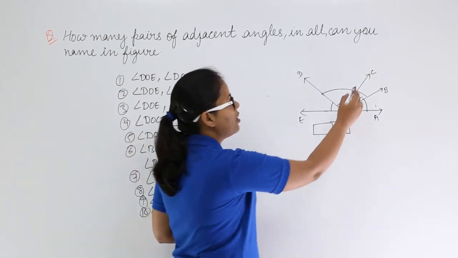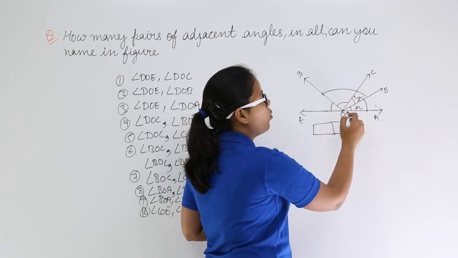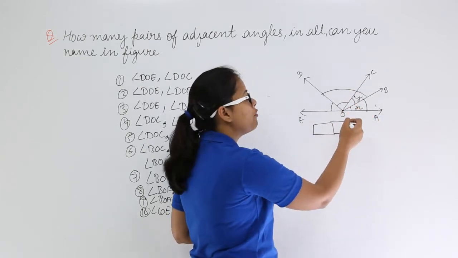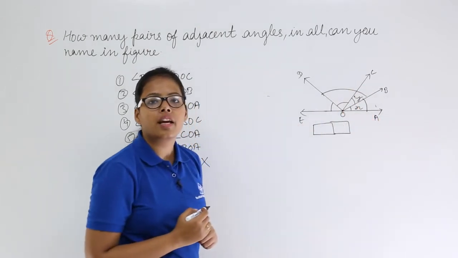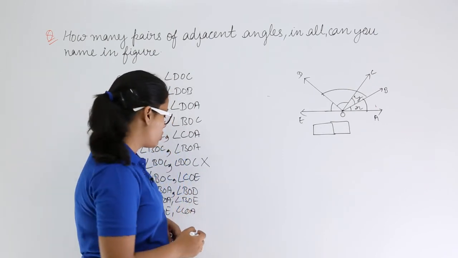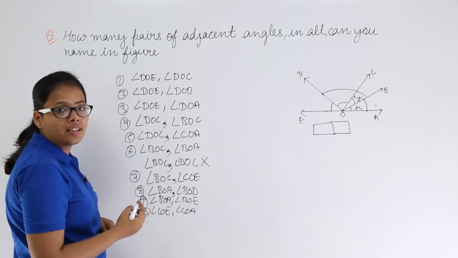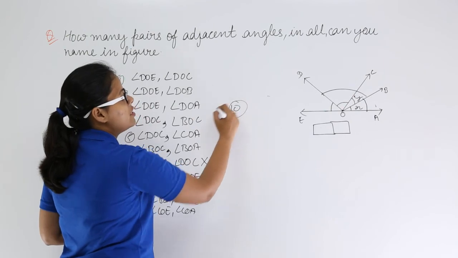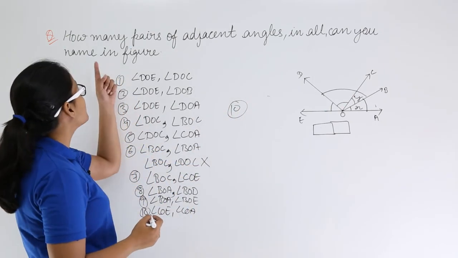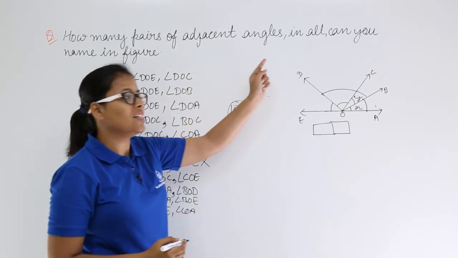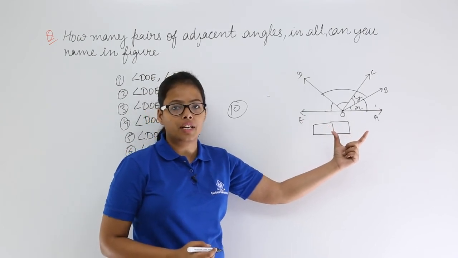You can see here angle COE and COA, where this line is common, which means these two angles are adjacent to each other. So now you tell me how many cases are there? 10 cases, which means there are exactly 10 pairs of adjacent angles in this figure.